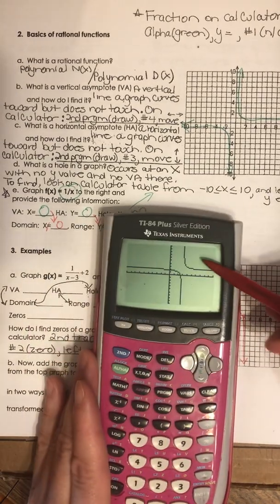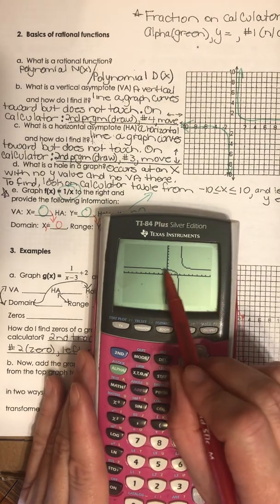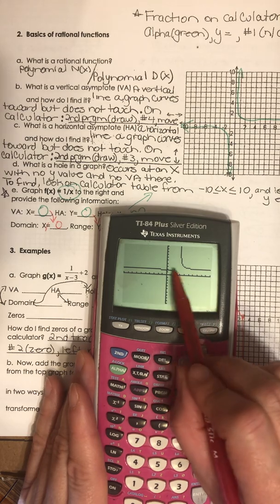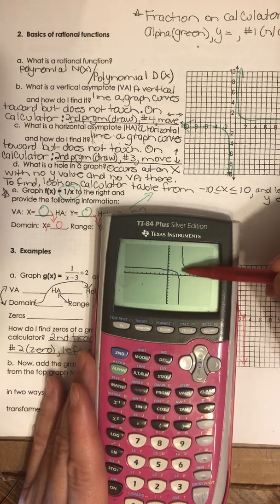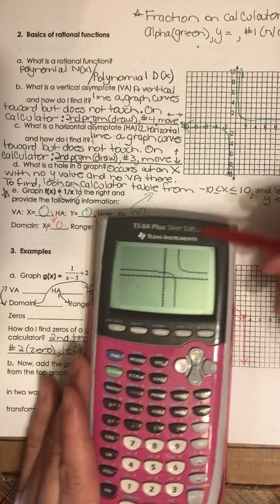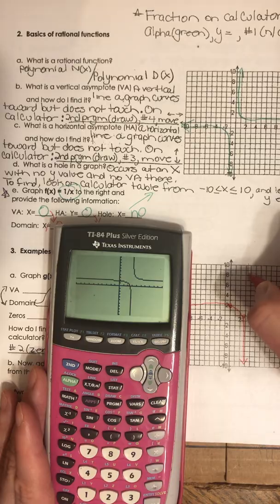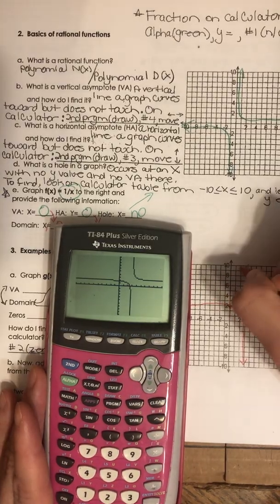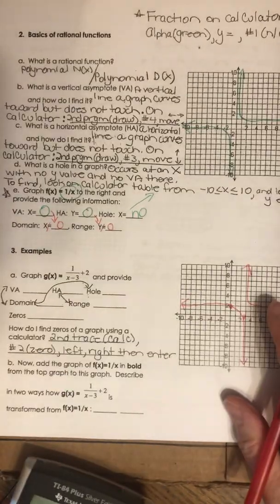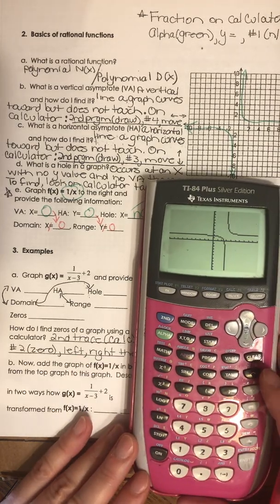There we go. On the upper right here, again, it kind of looks like the graph is flattening out to y equals 2. And let's see, it's going straight up around x equals 3. Let's see if I can do a good job with that. There we go. Did a nice sketch here. We are going to use the calculator though to be more accurate.